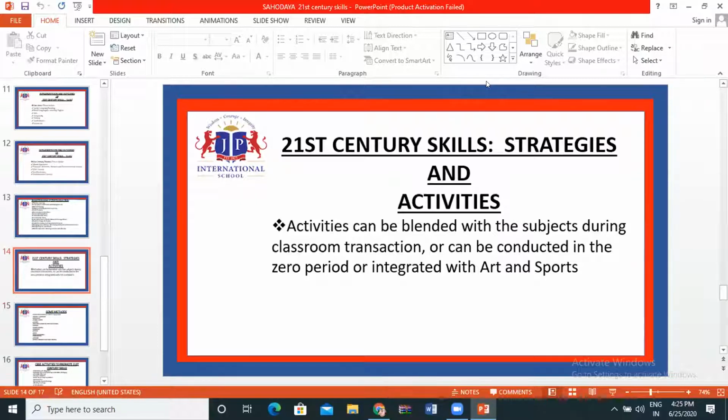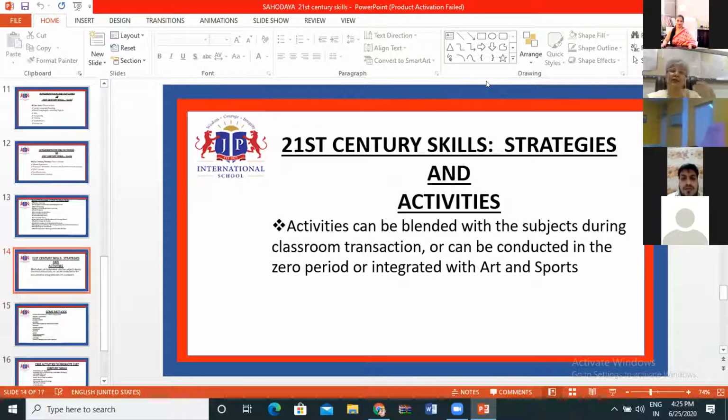We can plan our school timetable and our school curriculum in such a way that we have at least 40 to 45 minutes, 5 minutes from each period, and can combine this 40-45 minutes in one go, either at the end of the school or in the beginning of the school, and try to do related activities, because only bookish knowledge is not enough in all the subjects. It is also to be performed and taught on the ground through the activities.